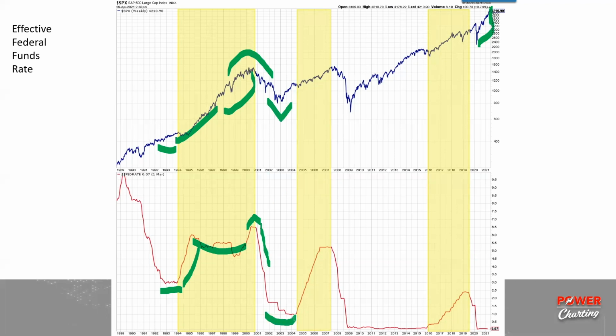But here you can see that there's a long period of time where rates remain very low, 2002 to 2005. And then rates start to go up. Now, this is all Fed policy, and this is the yellow area. Rates are rising through the yellow area. So the Fed is actually starting to raise the Fed funds rate with rising stock prices. So this is the Fed starting to acknowledge that the economy is getting stronger and starting to heat up somewhat.